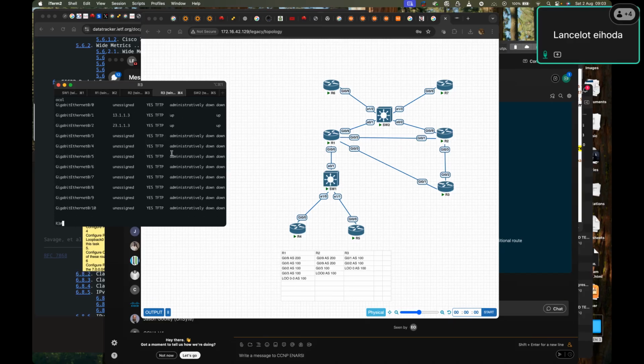Most times I do the show IP interface brief command and pipe it to exclude unassigned IP addresses so that I'm only clear on what I have. So on router 3, we have the G0/0/1 interface and the G0/2 interface.